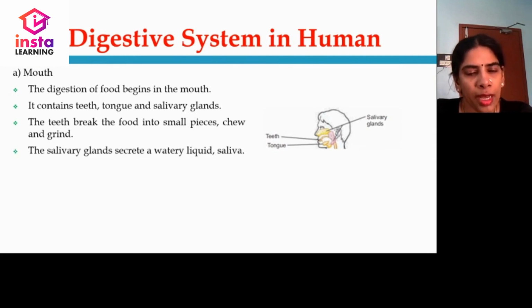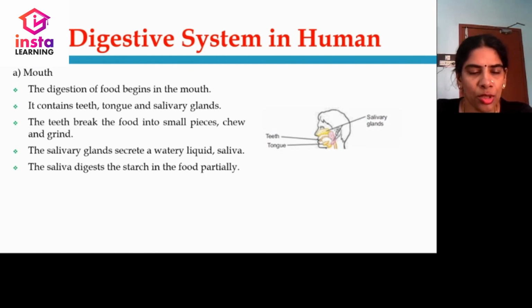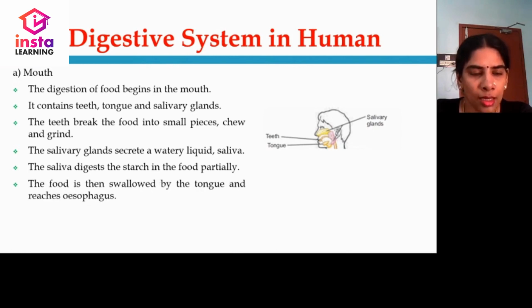Now the salivary glands will secrete a watery liquid called saliva, which gets mixed with the food. The saliva digests the starch present in the food partially. The food is then swallowed with the help of the tongue and goes to the esophagus.